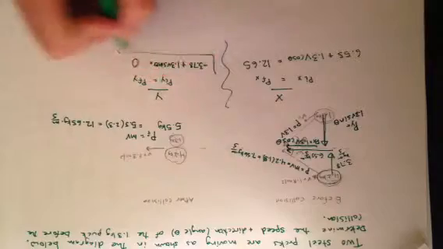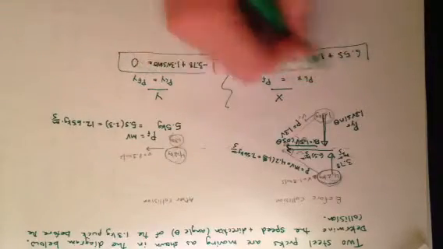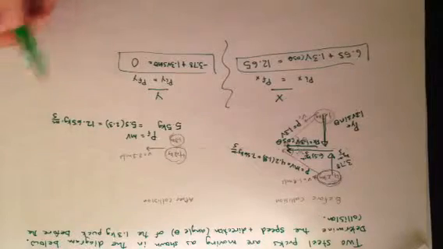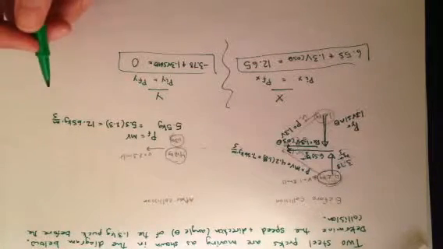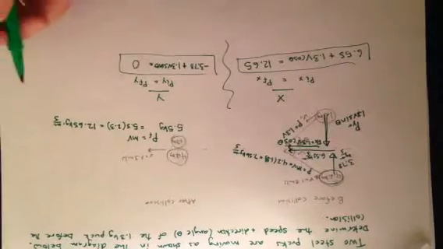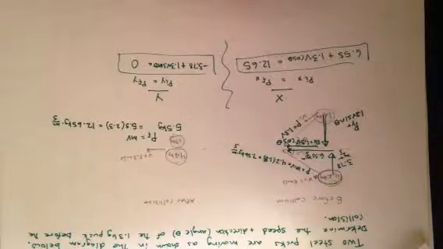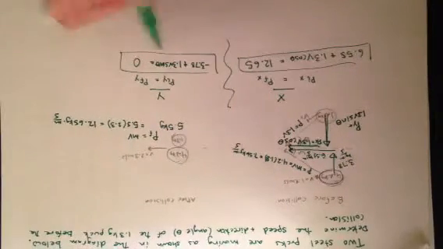Okay, so now we have this equation right here and this equation right here. This is the fun old thing in physics when we have two equations and two unknowns. So I'm going to pick one equation. I want to look at the x direction first. Let's solve for v and plug it into the other equation.